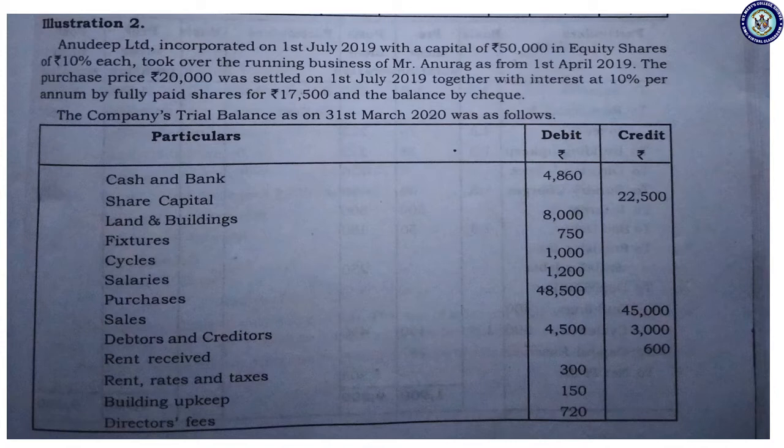Sales up to 1st July 2019, that is 7,500, is included in sales. That is the pre-incorporation sales. So my total sale is 45,000. In that, 7,500 is the sale done at the time of pre-incorporation.